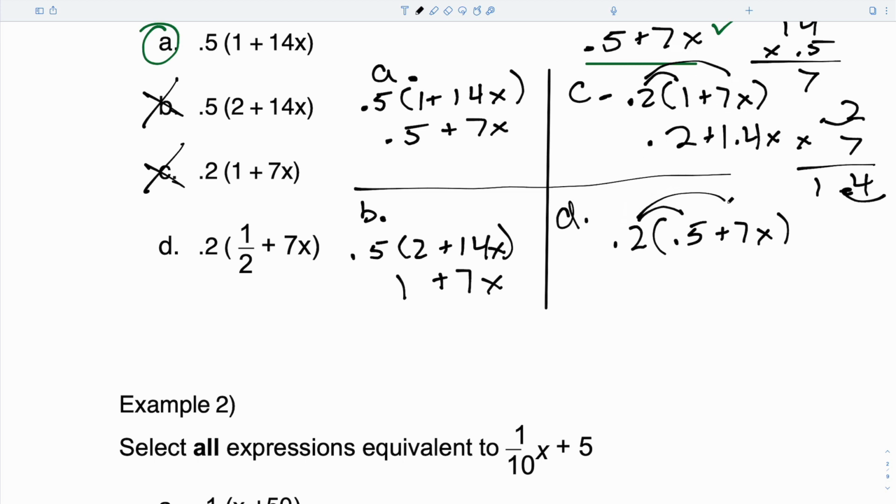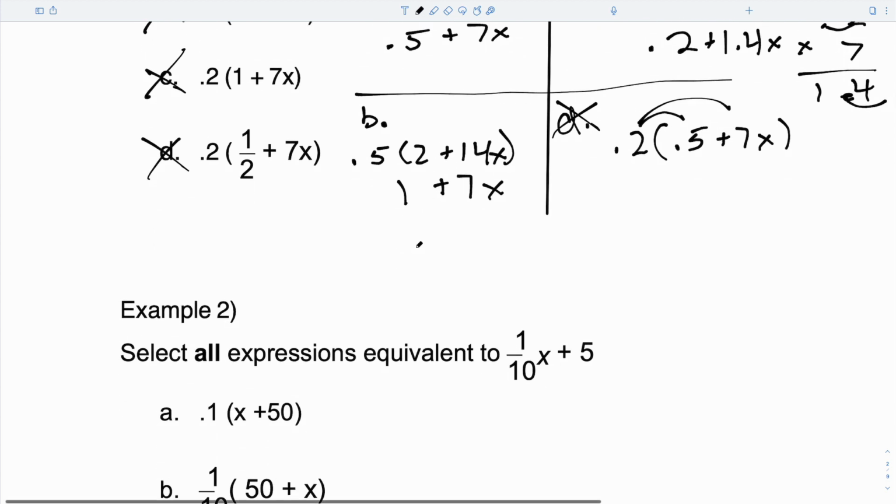Are you going to multiply 0.2 by 7x this time? Yes. If you get to a point where you see that it directly doesn't match, cross it out. You could have done it for C. B, you weren't sure because we haven't multiplied 0.5 by 2 yet. So as long as you've done it once, I'm okay with you crossing it out.